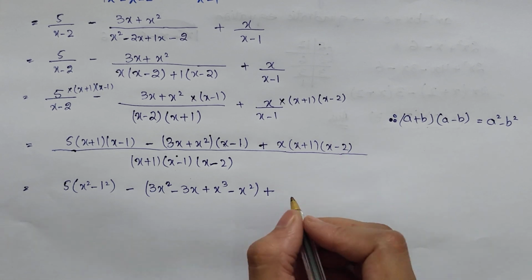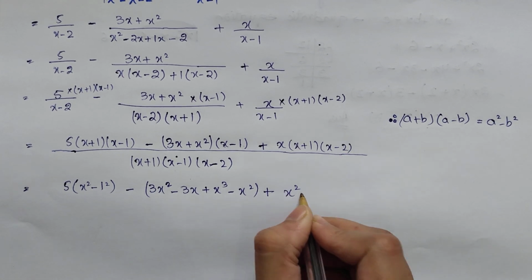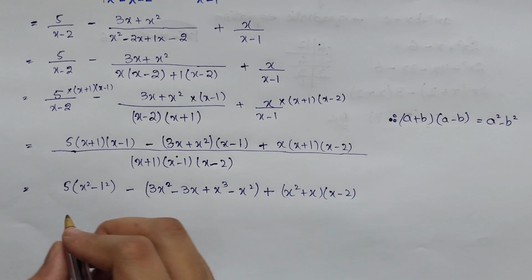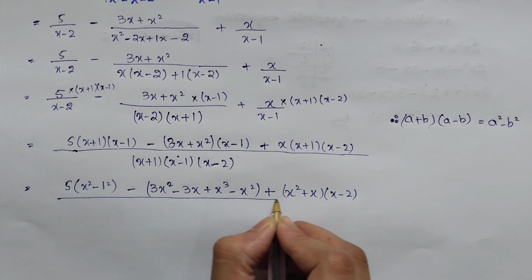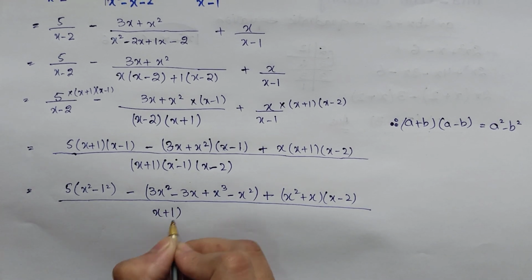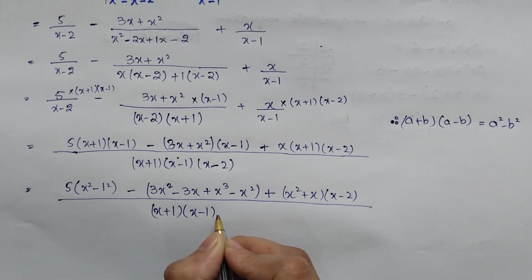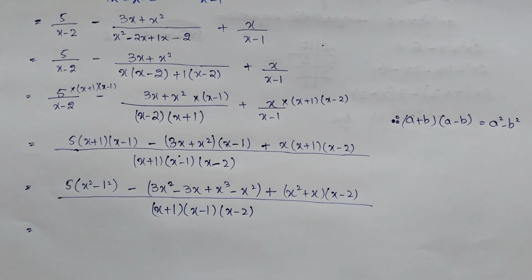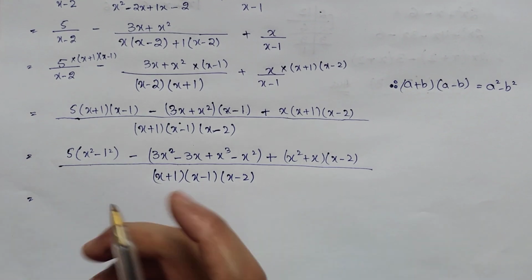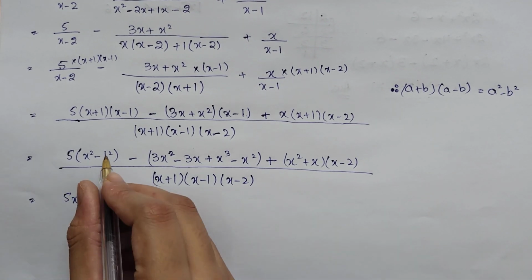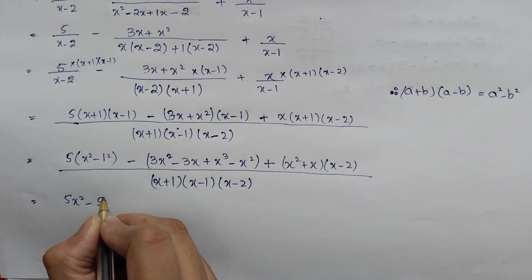Now multiply these terms, x square plus x, and next we will multiply both of them. Your terms are x plus 1, x minus 1, x minus 2. Next, 5 multiplied by x square is 5x square, minus 5 into 1 square, which is 5.